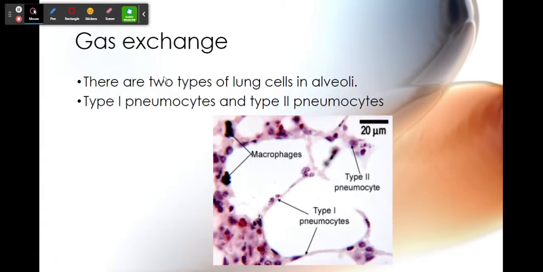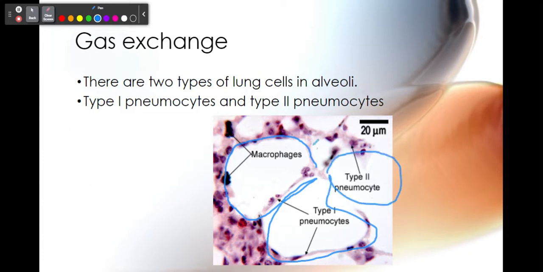What's kind of cool about these alveoli, these bubbles here, is that there are two kinds of cells that make up the alveoli. Two kinds of lung cells, type 1 and type 2 pneumocytes.